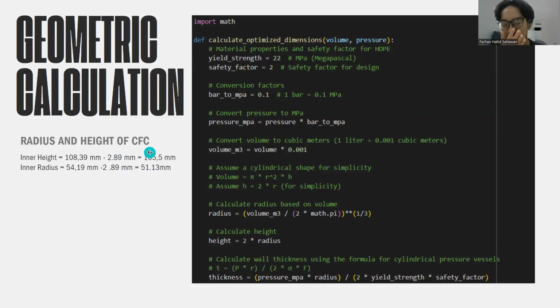This 2.89 millimeters is the parameter we use based on a journal on hydrogen storage diameters. This 2.89 is the minimal parameter needed for the height of the CFC relative to the HDPE. Because of that, we subtract 2.89 for the inner height and inner radius based on the HDPE to get the new CFC inner height and radius. Okay, we got these parameters.